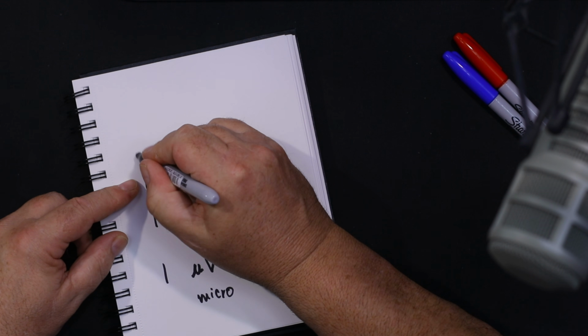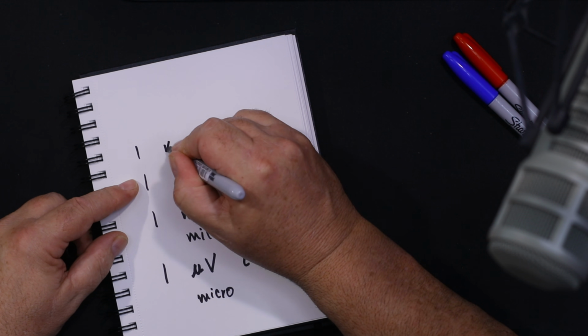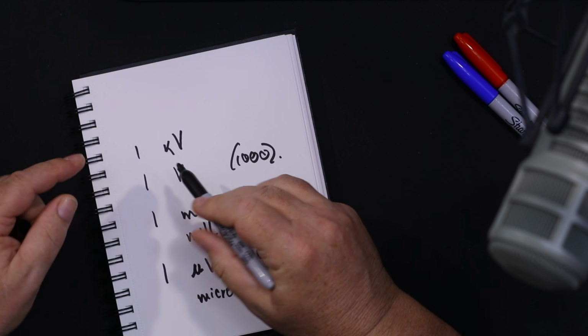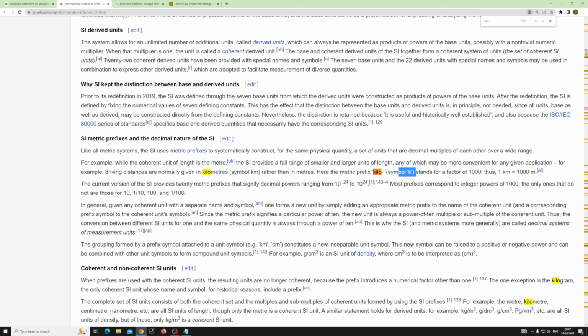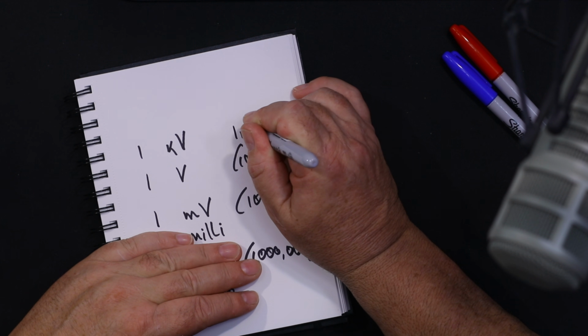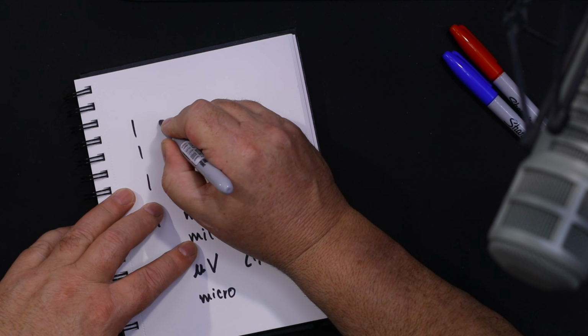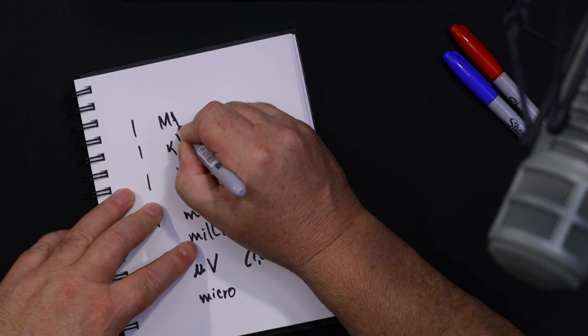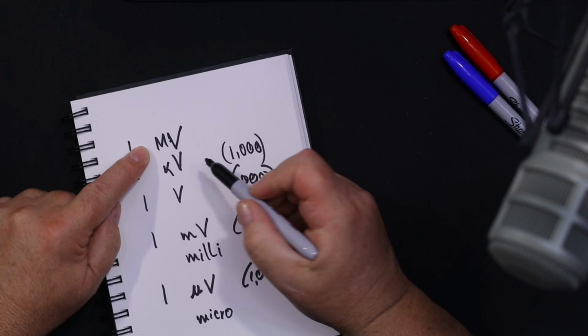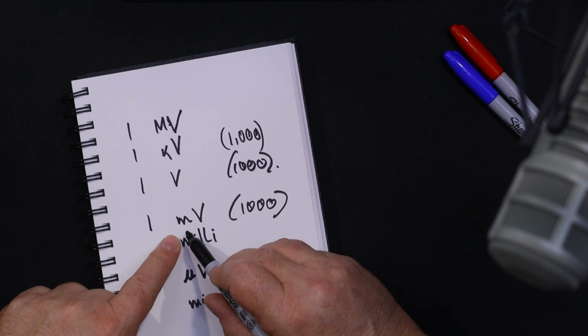What happens if we have 1,000 volts? We end up with 1 kilovolt, and we write it with a small k. The standard is k, and it's a factor of 1,000. If we have 1,000 of them, we'll end up with 1 megavolt, capital M now, not to confuse ourselves with millivolt.